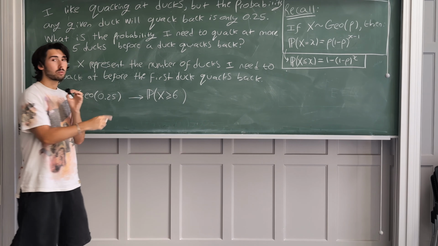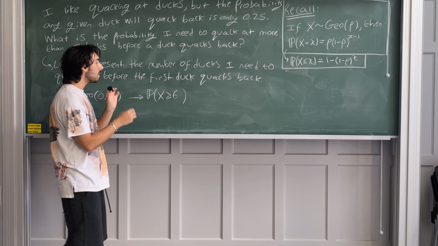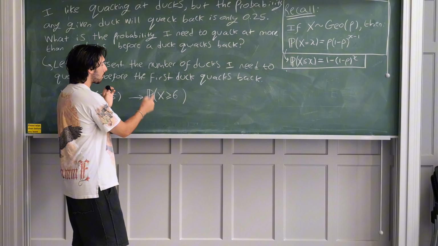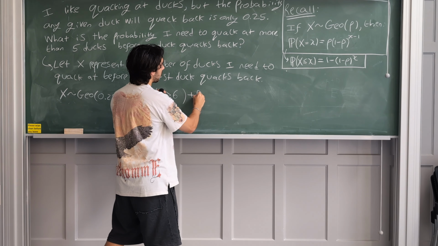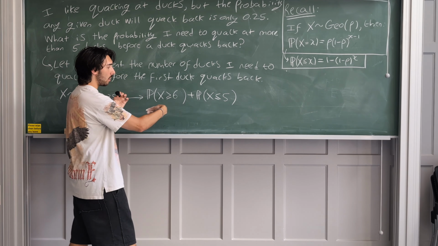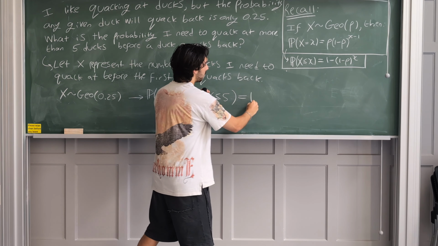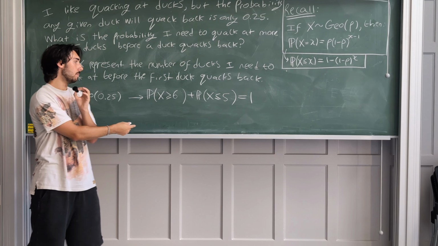And again, I can't directly use this formula because the inequality signs are the wrong way around. But what I can do is I can say that the probability that x is bigger than or equal to 6 plus the probability that it's less than or equal to 5, together these add up to 1, because these are all of the possible things that could happen, right?